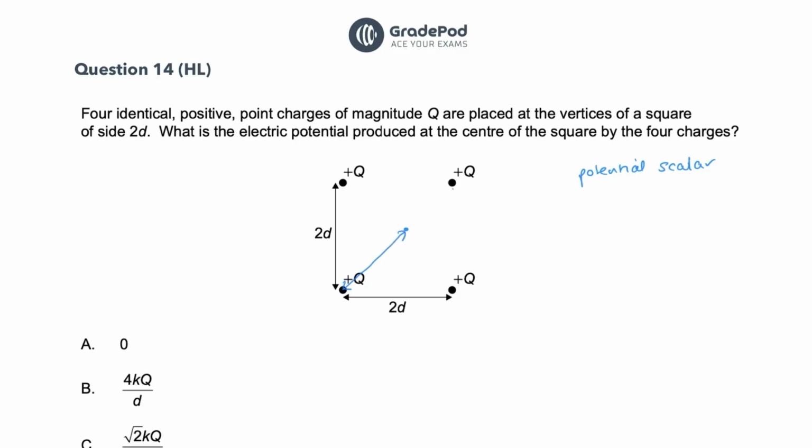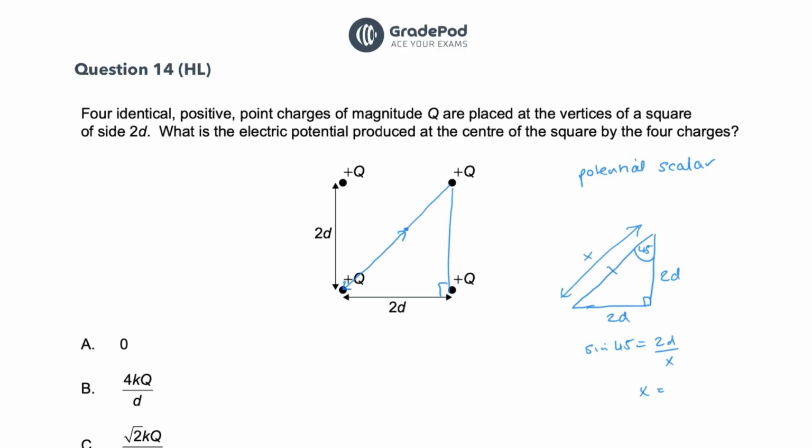We're going to do that using a right angle triangle. So let's redraw that right angle triangle here. That's 2D. That's 2D. And we want to know the distance halfway along there. This is 45 degrees. So let's use sine 45 equals 2D over this distance here. Let's call it x.